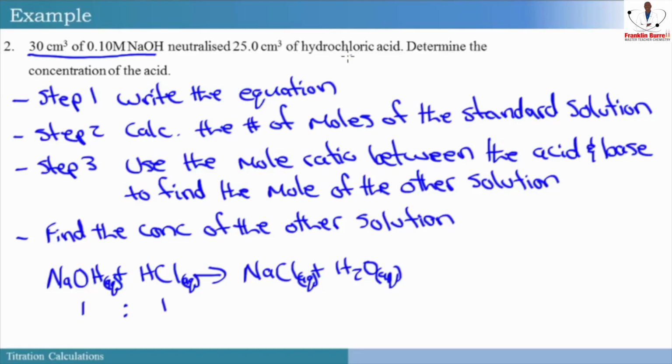Now that we know the moles of HCl, we can find the concentration of HCl by simply saying moles of HCl divided by the volume of 25 here. But the 25 must be converted to dm cube, and that would give us our molar concentration.